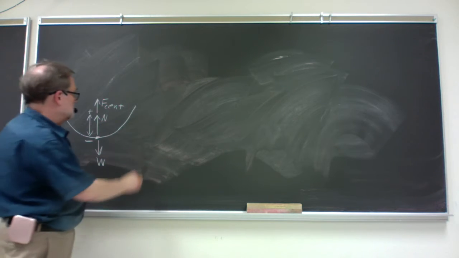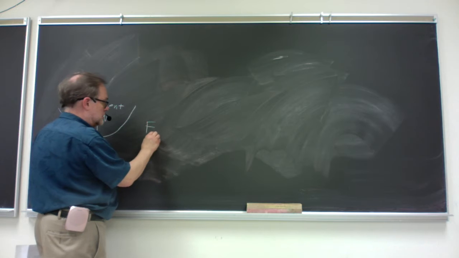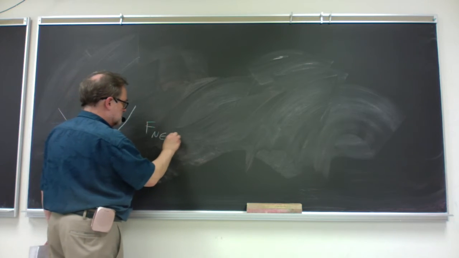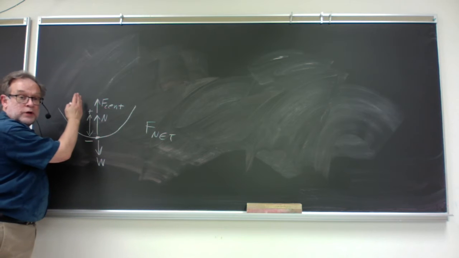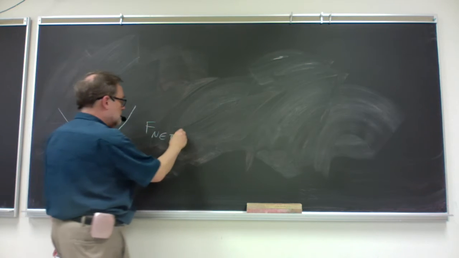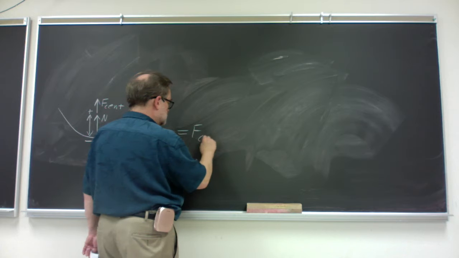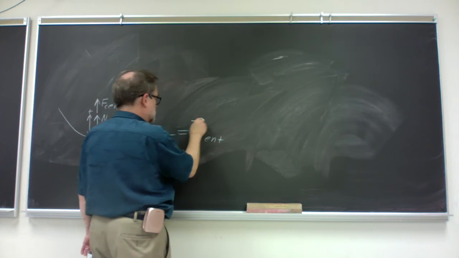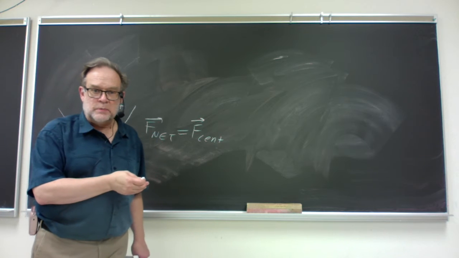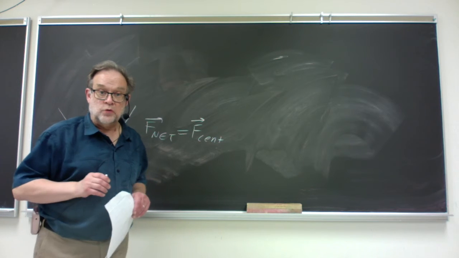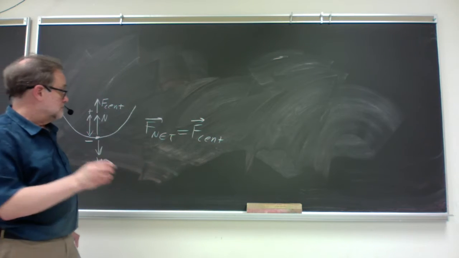So the net force on the car in this case is a centripetal force because it's going to be pointing in towards the center of the circle. And as always, it's just adding all the force in the positive direction and subtracting all the force in the negative direction.